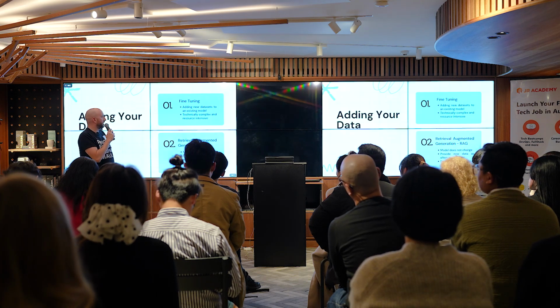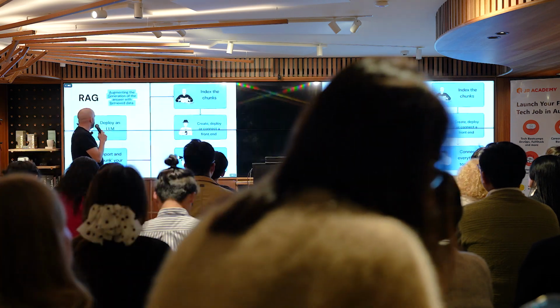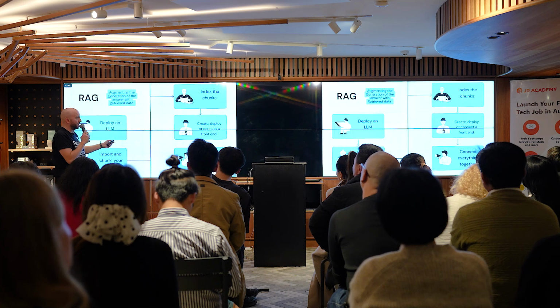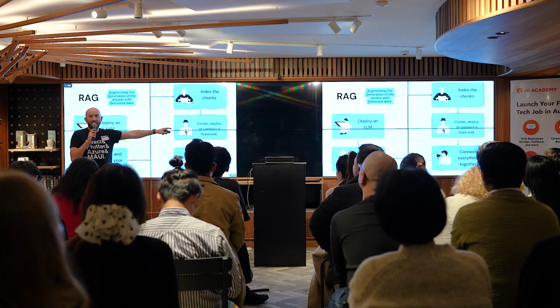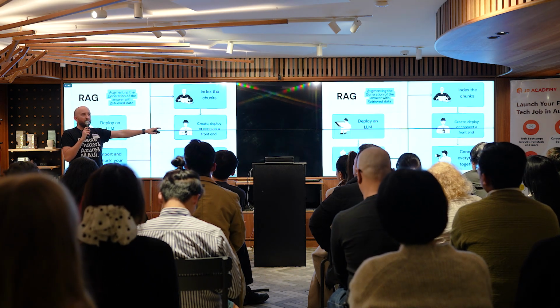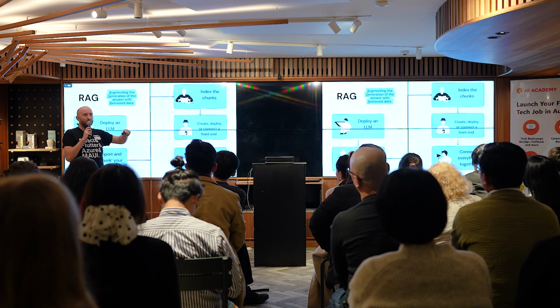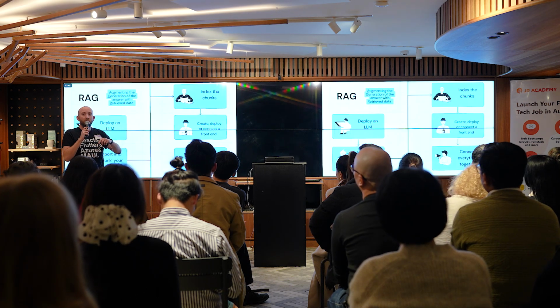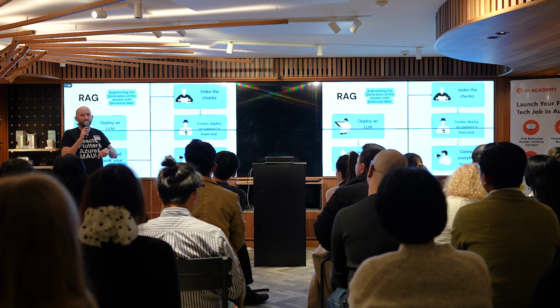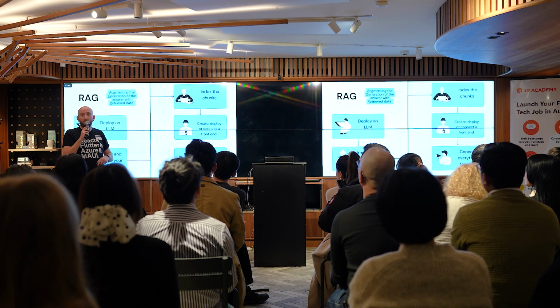And the way you set it up is kind of like this. So first of all, you deploy your LLM. Usually, if you're doing RAG, you're doing it on your own private data, which means that you want your own private model with it as well.